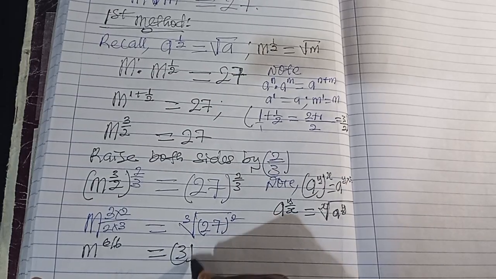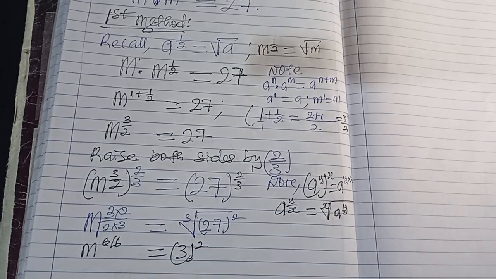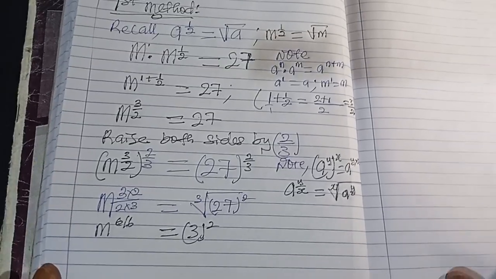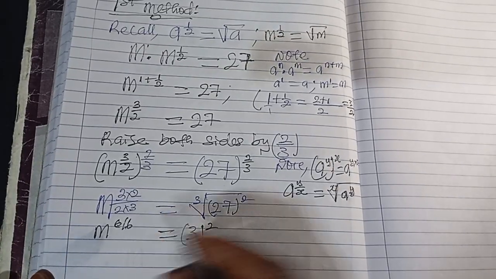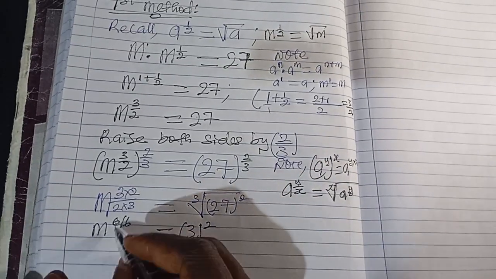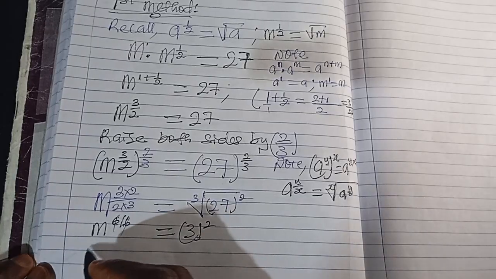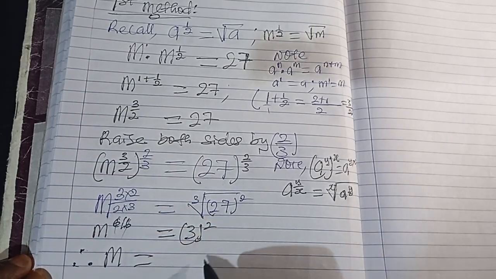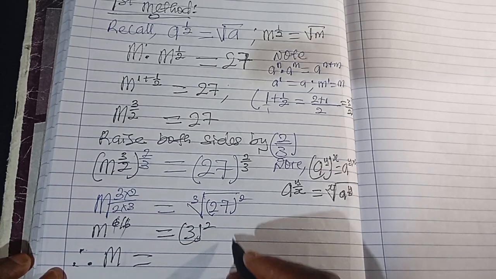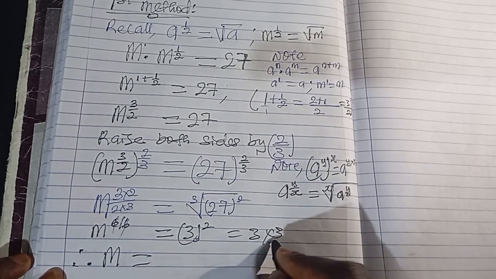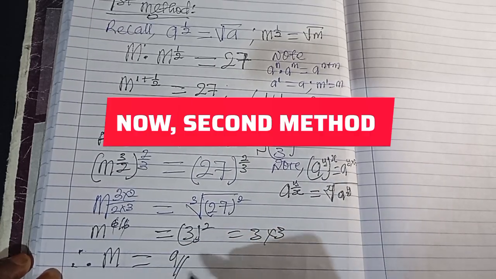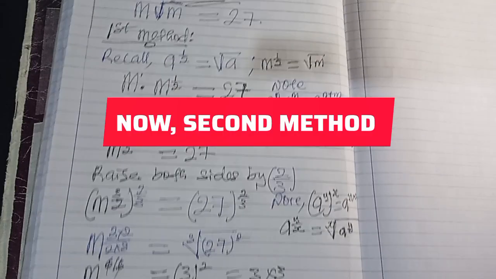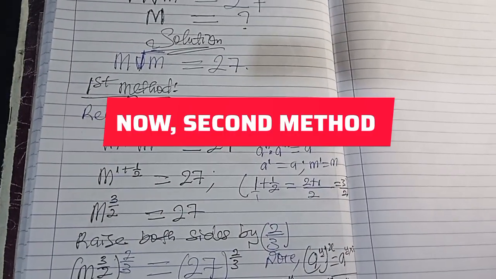Then raise it to power 2. Okay? Good. Now, this will give us m raised to power 1, which we said is already m. This can cancel, which will give us m. Therefore, m is equal to 3 raised to power 2, which is the same as 3 times 3, which is what? 9. So the value of m in this equation is 9.